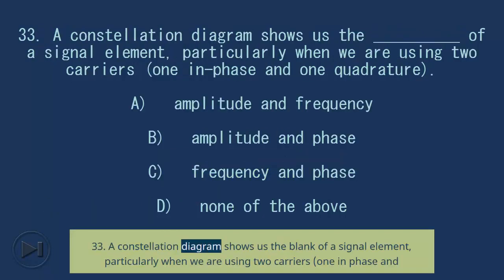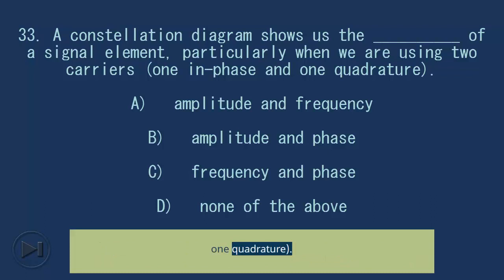33. A constellation diagram shows us the blank of a signal element, particularly when we are using two carriers, one in phase and one quadrature. A. Amplitude and frequency. B. Amplitude and phase. C. Frequency and phase. D. None of the above.